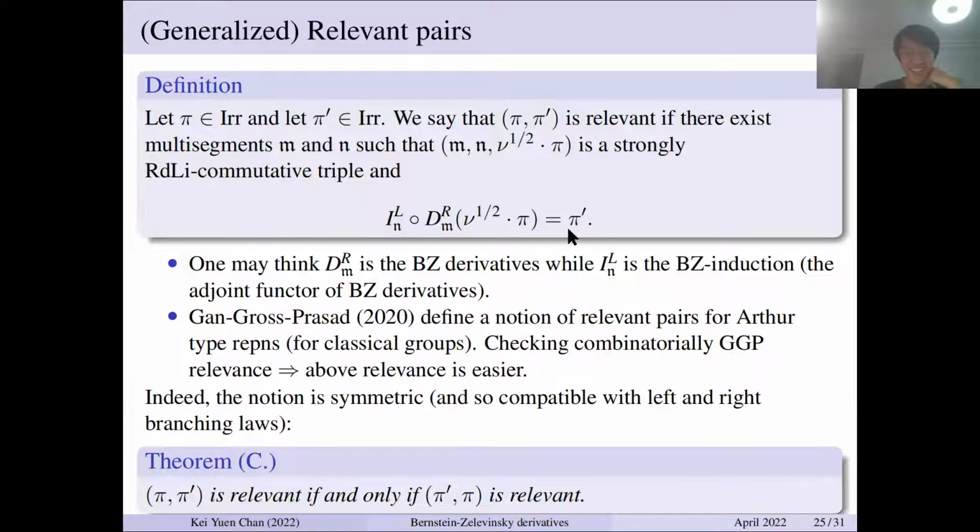Basically, Gan-Gross-Prasad have defined some relevant notions for the Arthur type representations, and the result is for all classical groups also, and such two notions are the same. I did not really check everything, but one direction is easier.